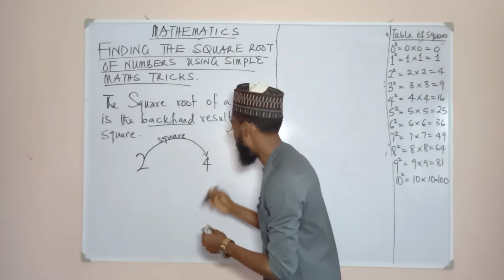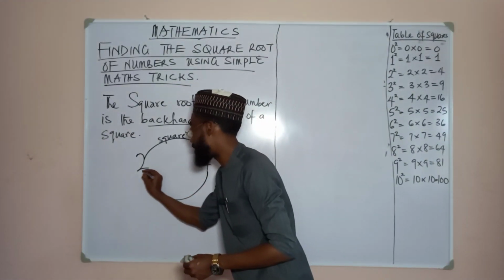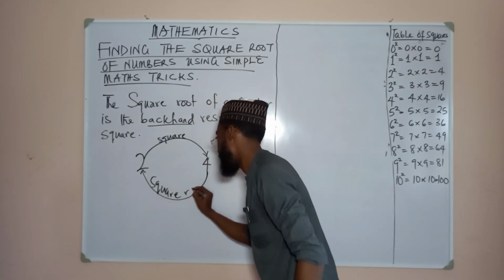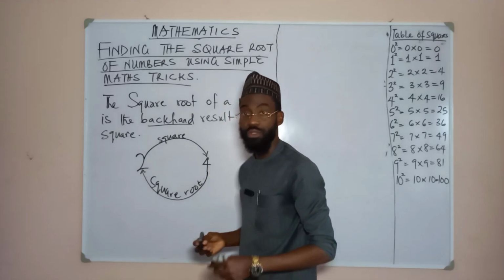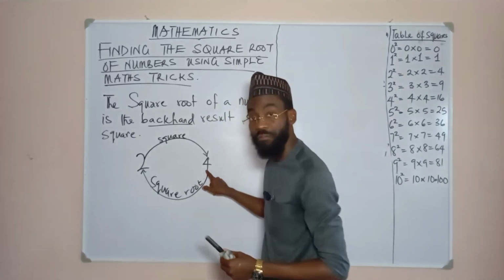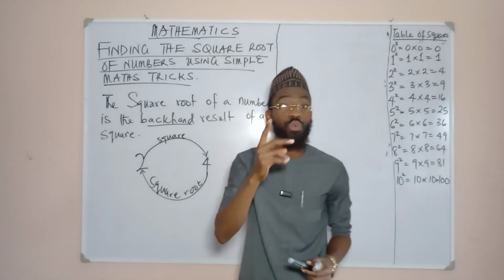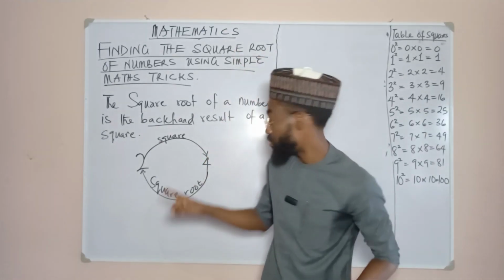To get 4, we must do the backhand of it, which is called square root. That's exactly what we mean by square root. So invariably, square root of a number is that number or value you will multiply 2 times to get the number.